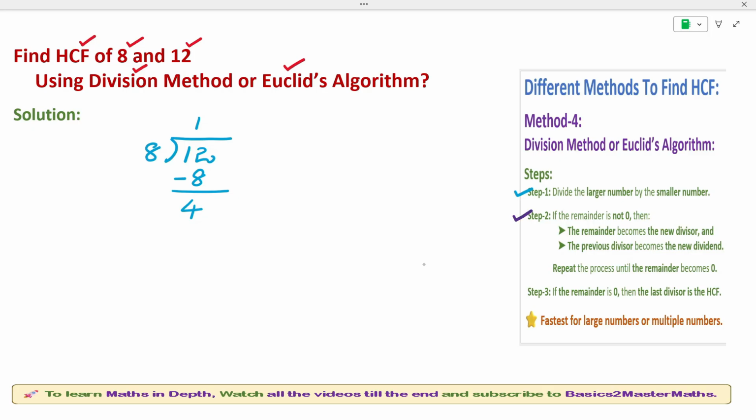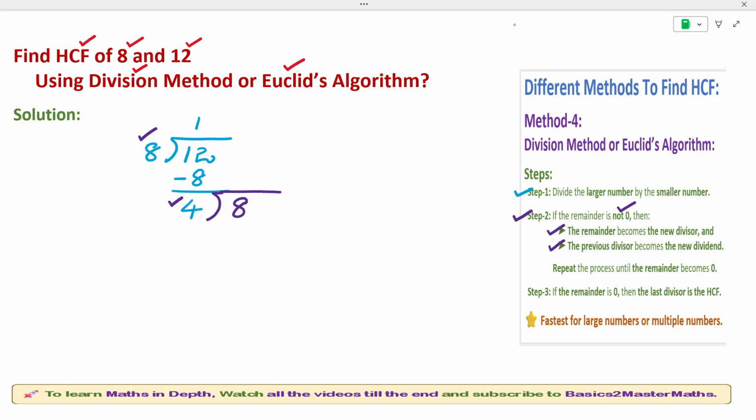If the remainder is not 0, then the remainder becomes the new divisor and the previous divisor becomes the new dividend. In this case, 4 becomes the new divisor and 8 becomes the new dividend.